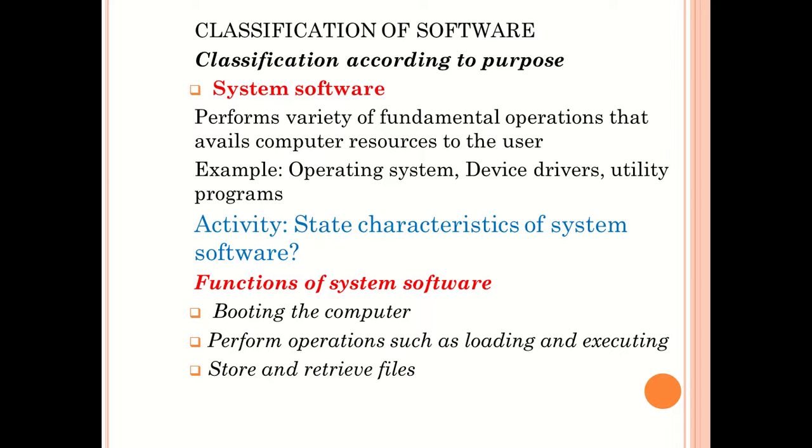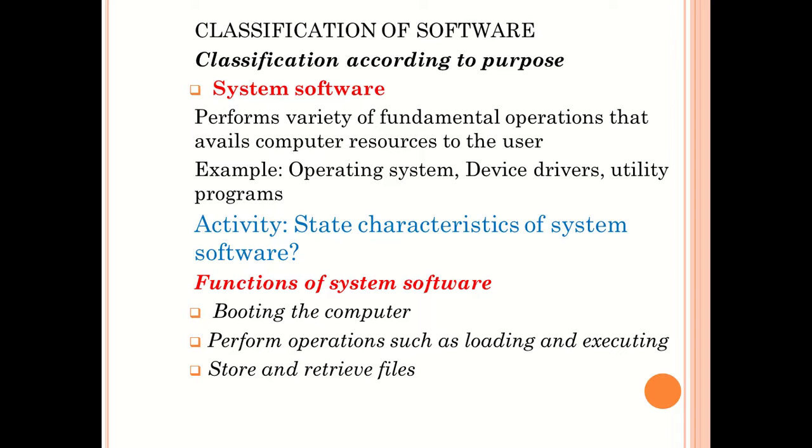Examples of system software are the operating system, the device drivers, and the utility programs. We'll talk about the operating system in detail as we go further, but basically it's like a resource manager, because it manages the different types of resources of the computer, like the CPU, the memory, the devices, and so on.